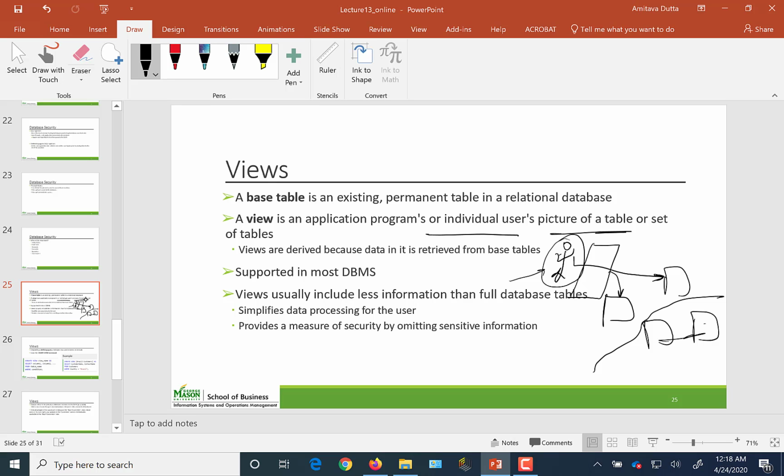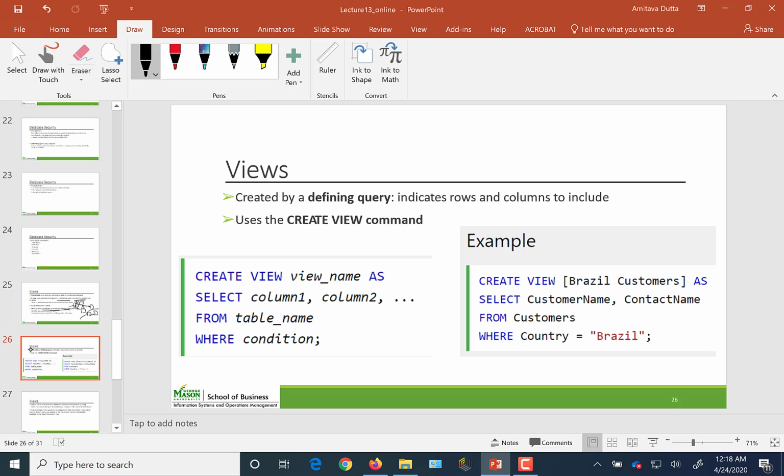Okay, so views typically include less information than the full database, and the way they are set up is through a create view command. So remember, when we were studying SQL, we had two types of SQL commands. We had DDL and DML commands. Among the DDL commands, we had a create table command.